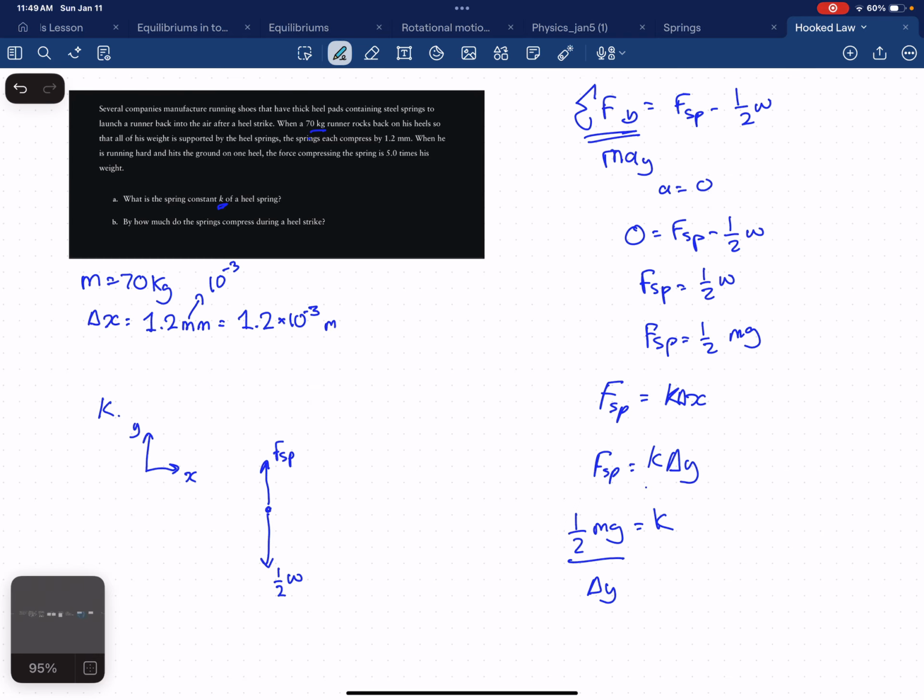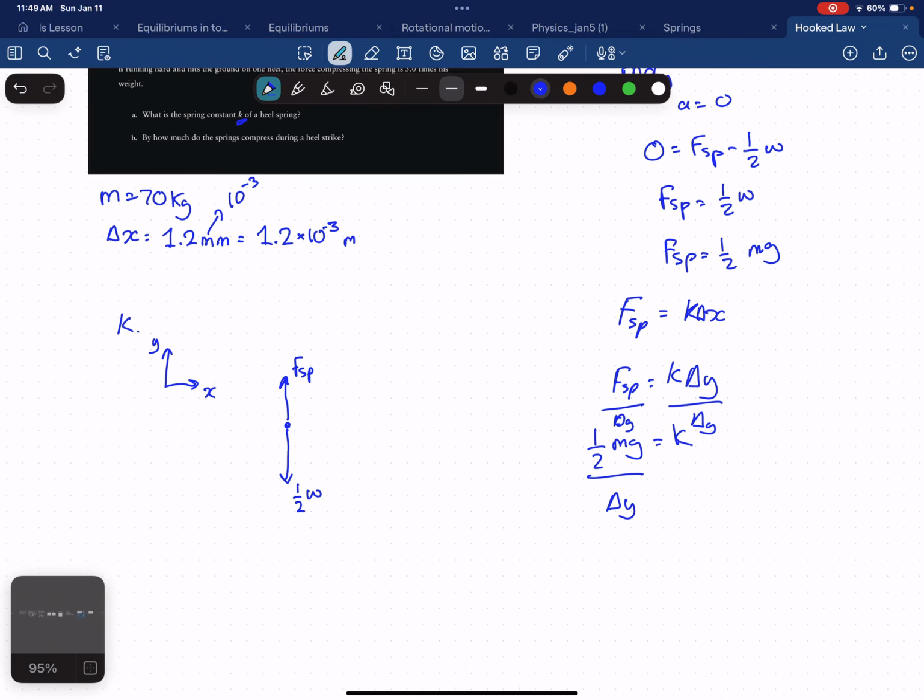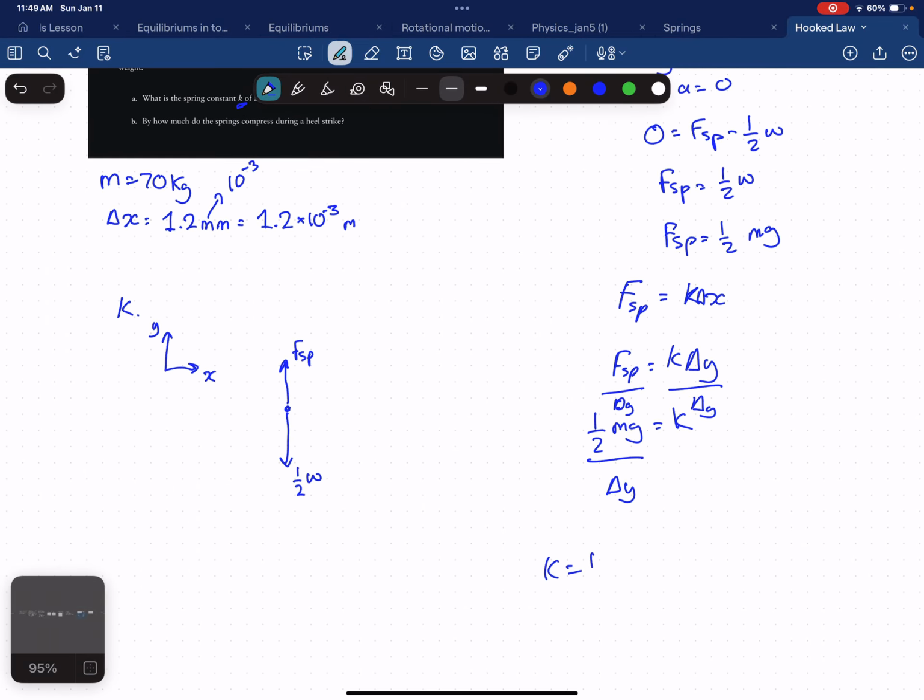If I divide both sides by delta y, at this point it's just algebra. Let me write it clearly somewhere. So here you can see that K is equal to 1/2 mg over delta y.